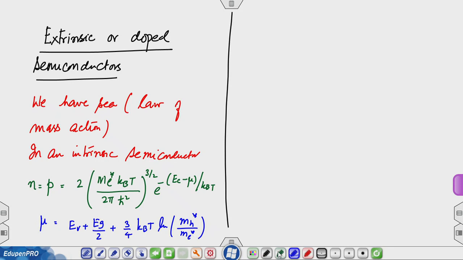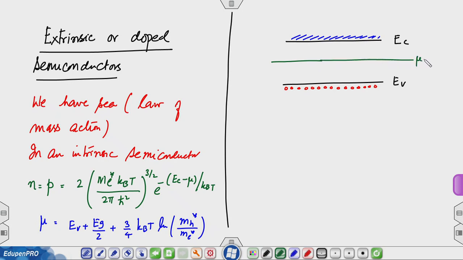Pictorially, what we had then was that here is the conduction band, here is the valence band top, and at temperature T you had electrons out here and holes here, and in intrinsic semiconductor the number is equal, and here is the Fermi level.